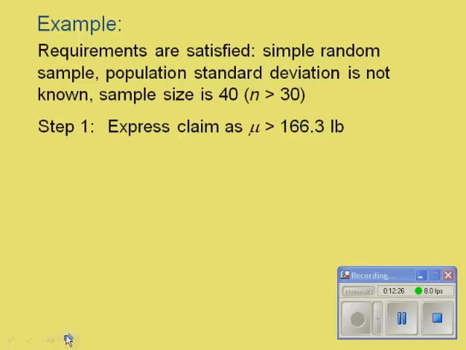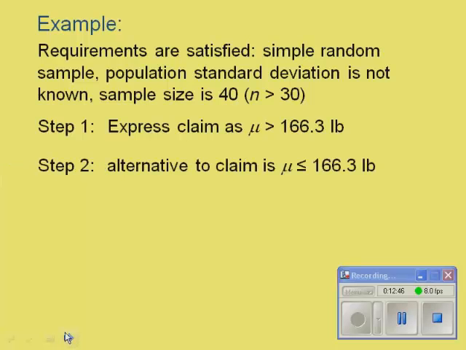Step 1. I already wrote that on the previous slide. Remember that? Mu is bigger. That's the claim we want to test. By the way, if that's the claim we want to test, could that be H1? Yeah, because there's no equals there, right? So it could be. The alternative to that claim is mu is less than or equal to 166.3.